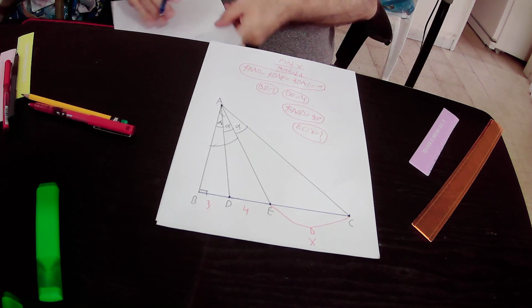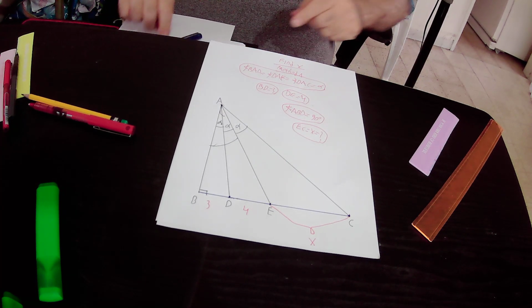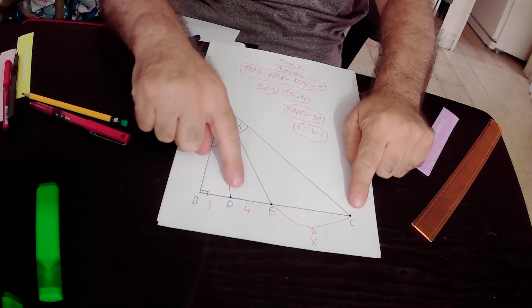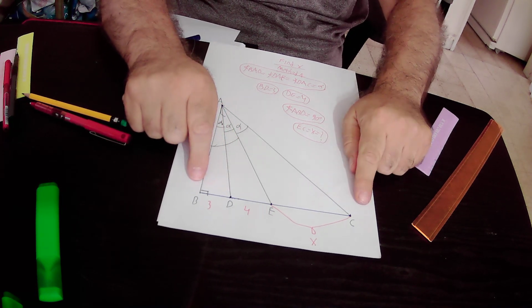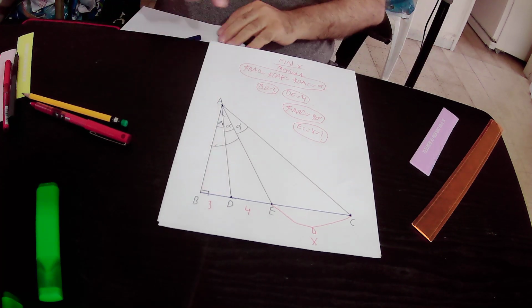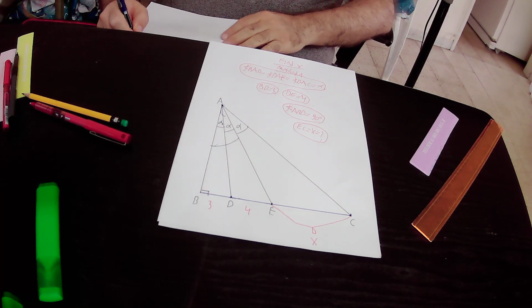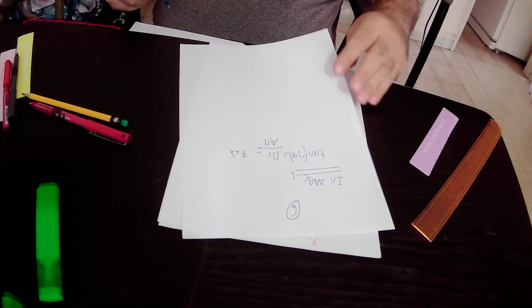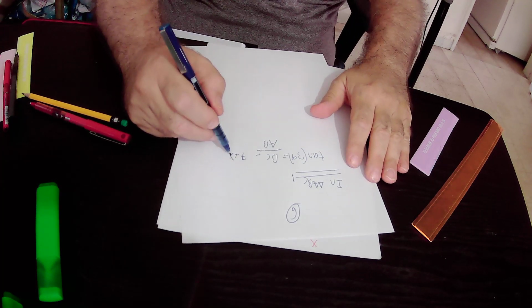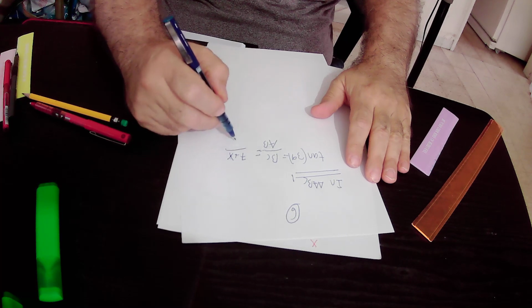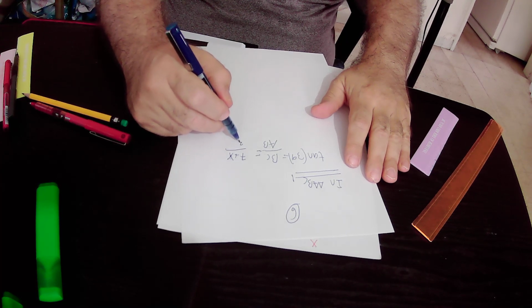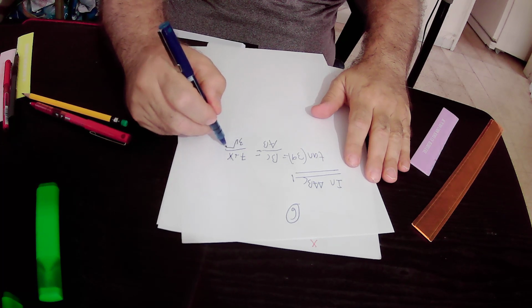But what is the value of BC? BC equals 3 plus 4 is 7 plus x. So BC equals 7 plus x, and we have already found out that AB equals 3 times root 7.